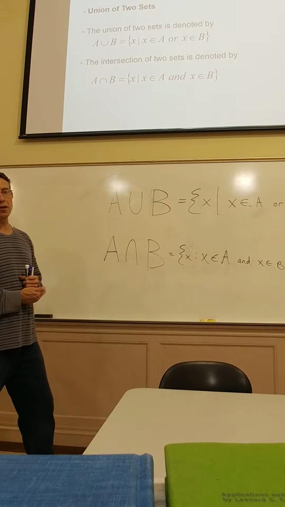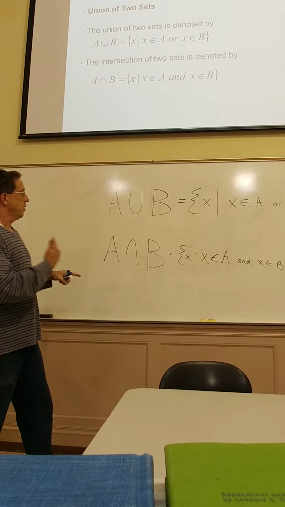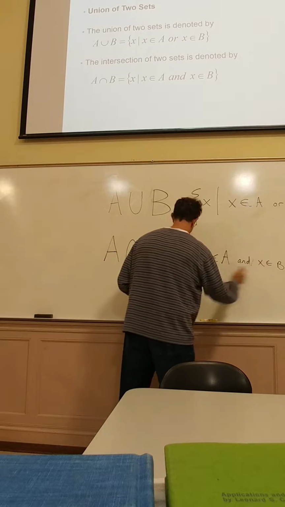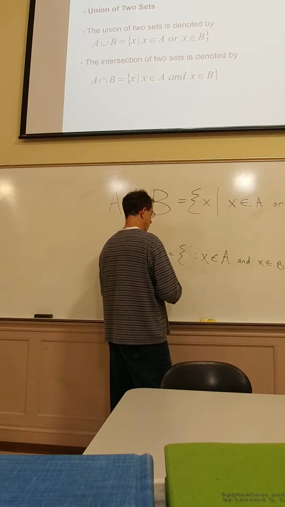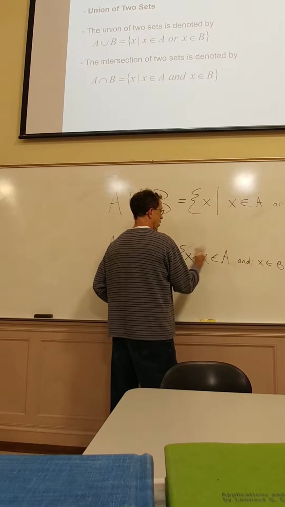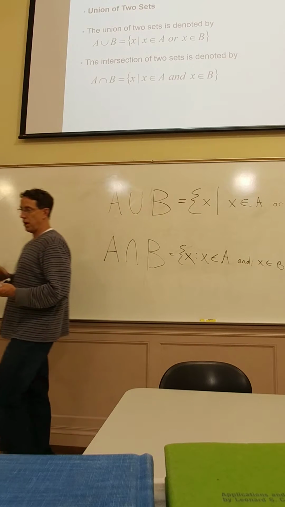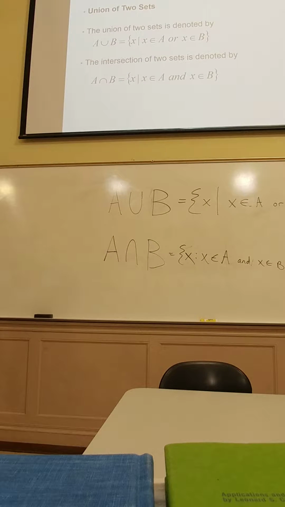Doing one of them is good enough, or I could do both. With and, if I say I'm going out to eat and I'm going to the mall, I have to do both actions. So the intersection has to be in both sets.